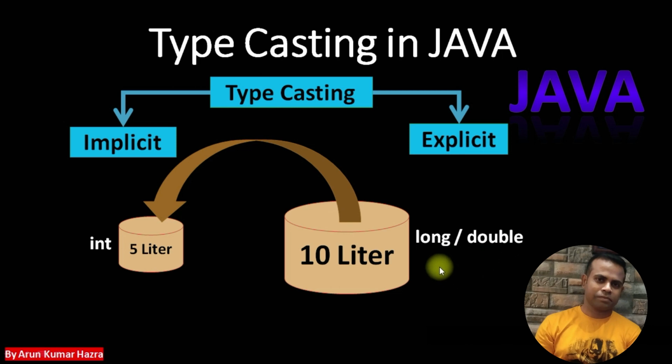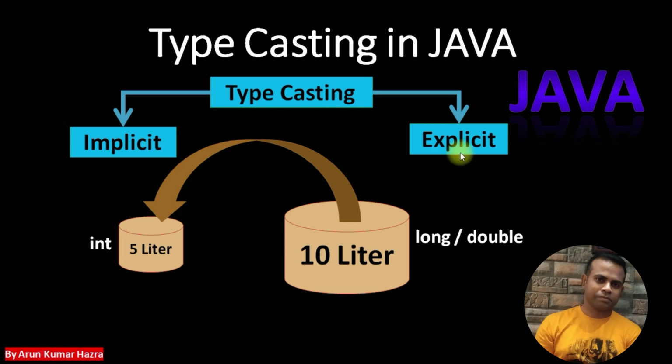If we try to convert long or double type to int type, it will not be automatically converted by the compiler. Here the casting logic needs to be provided by the programmer and there can be a chance of data loss.